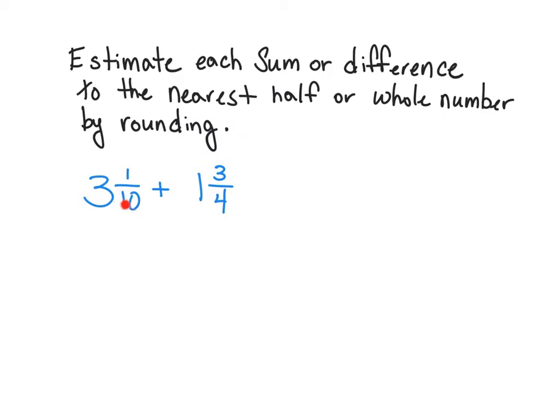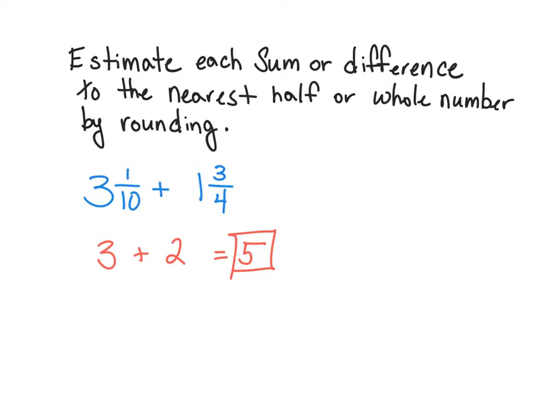Would we say 3 1/10 is closer to 3 or 4? I would have to say that this is closer to 3. And if we look at 1 3/4, we know that it is 1/4 away from the next whole, which would bring us to 2. So 3 plus 2 is 5. So that's our rounded answer.